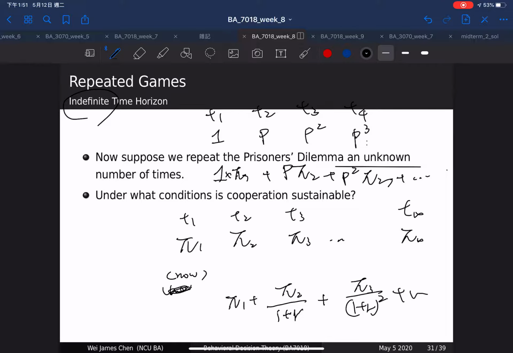And you can observe that this is equal to the earlier expression if I let p equal 1 over 1 plus r.